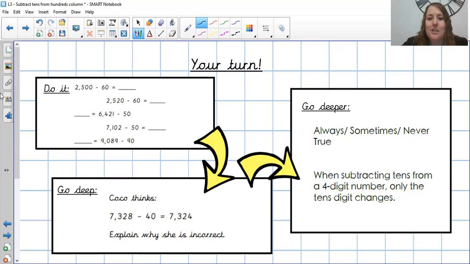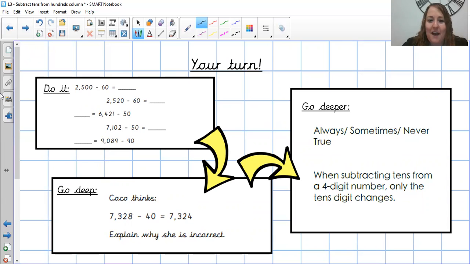And just like I explained on Wednesday, show me a few examples of when the ones change, the hundreds change, the tens change, maybe even the thousands change, and then circle which answer you think is right. Pause the video at this point, good luck with that, and then make sure you come back at the end just for our learning pit.